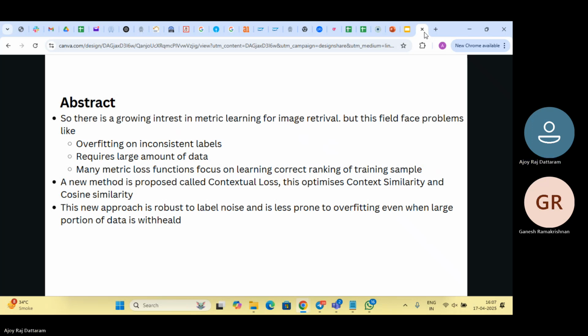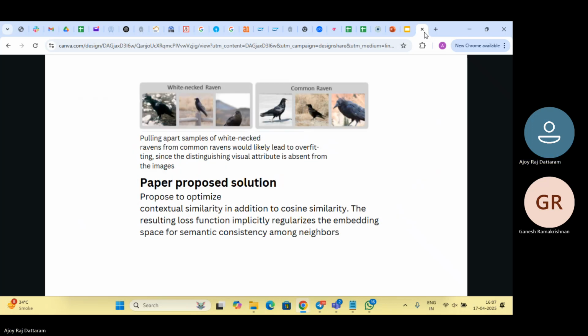Many metric loss functions focus on the correct ranking of the samples, and there was no connection between the model and the loss function itself. The new approach given by the authors is more robust to overfitting and also requires less data compared to previous research.